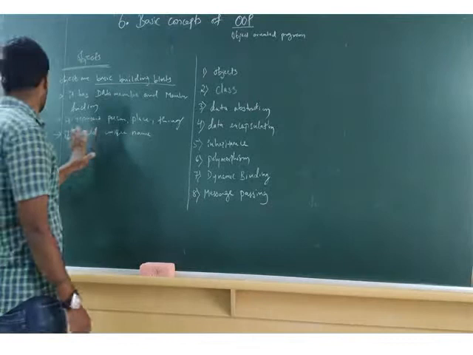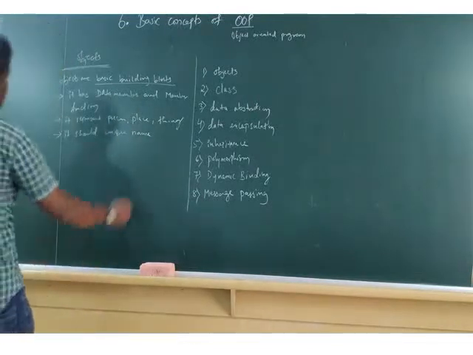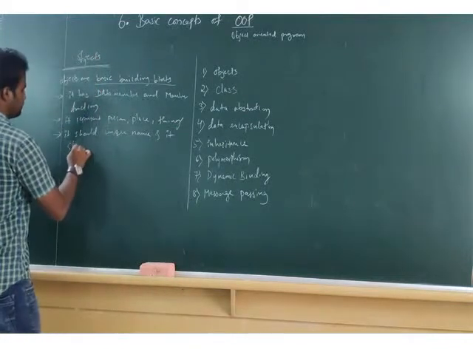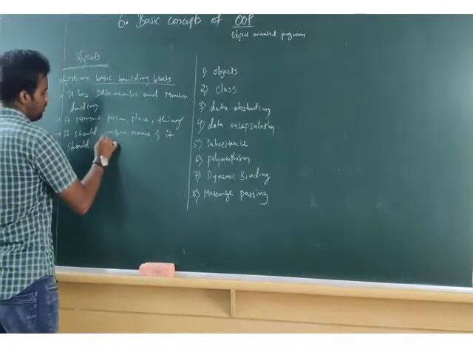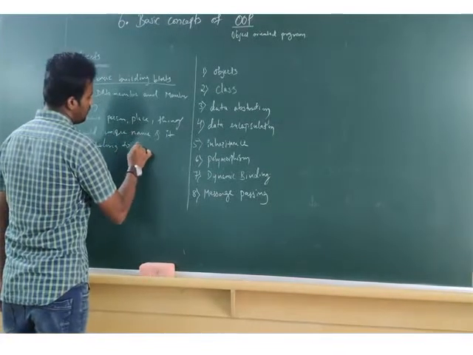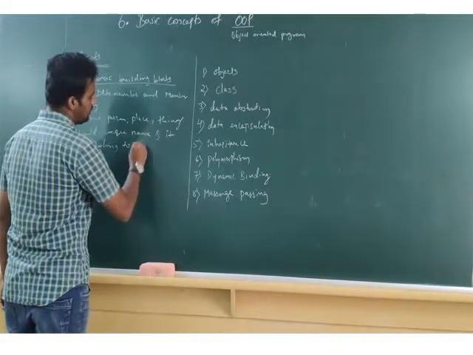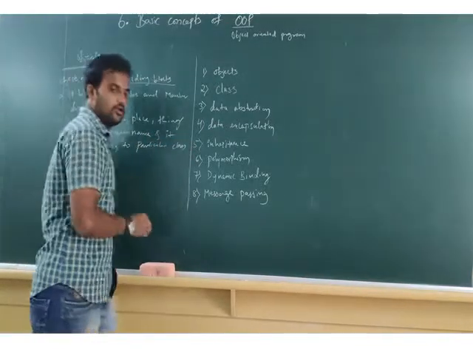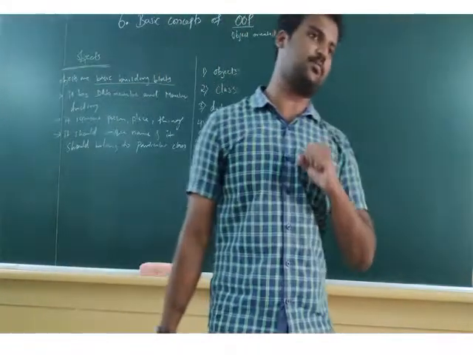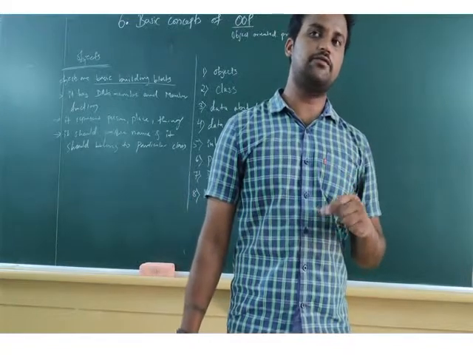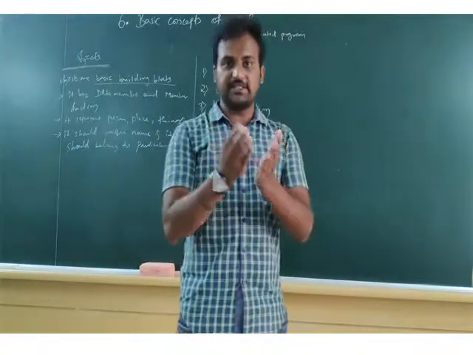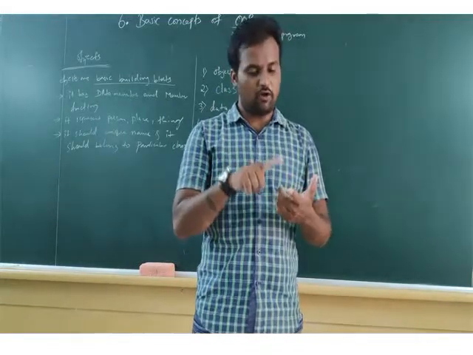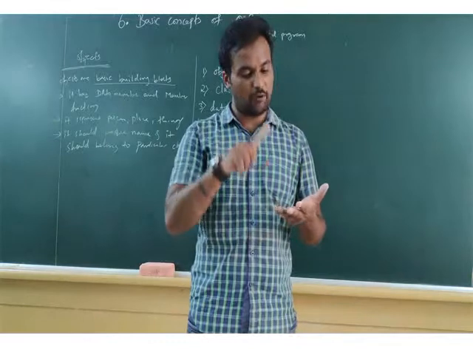An object should always have a unique name and it should belong to a particular class. So what is the meaning of a particular class? For example, take fruit. Fruit is a class. In that, what are all the objects we have? We have orange, we have apple, we have mango.